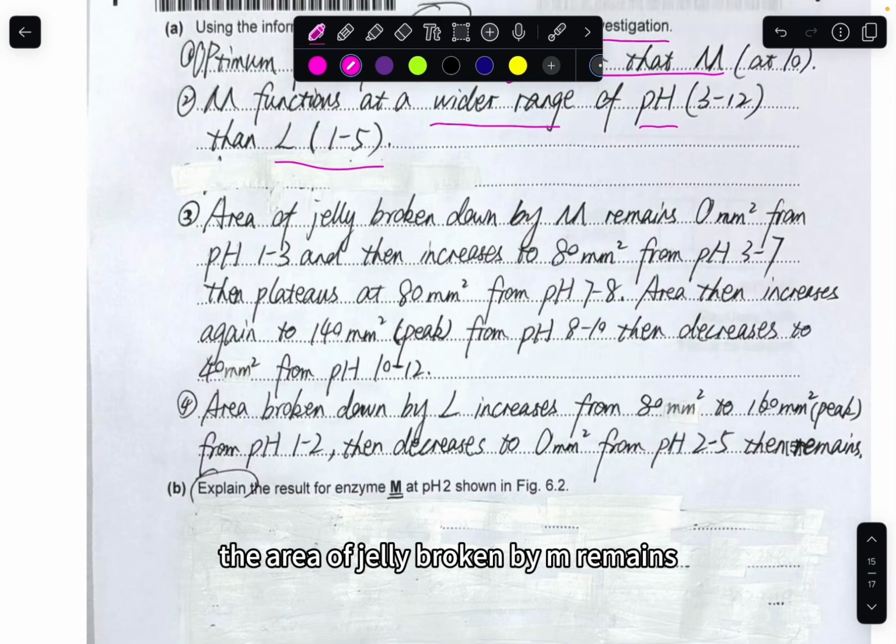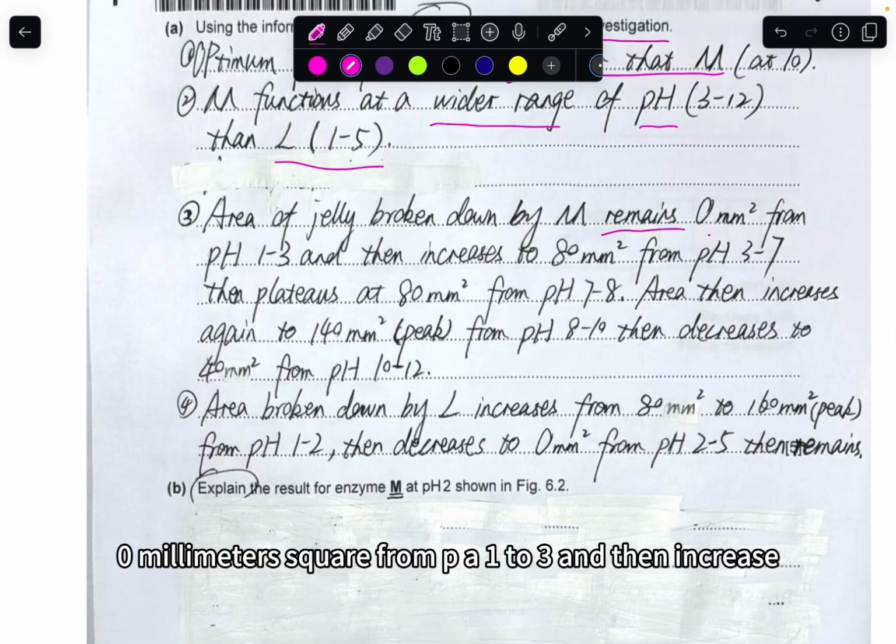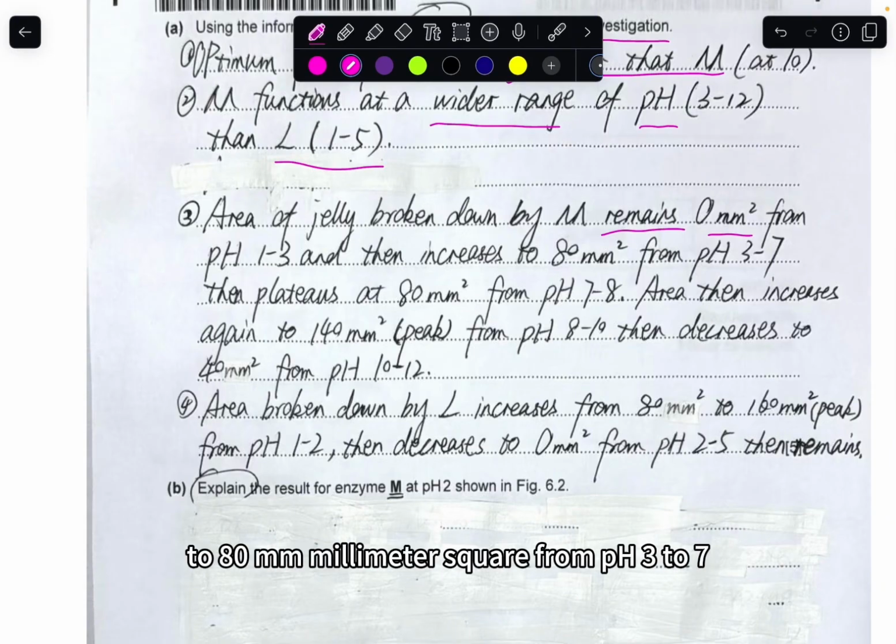The area of jelly broken down by M remains 0 millimeter square from pH 1 to 3, and then increases to 80 millimeter square from pH 3 to 7.